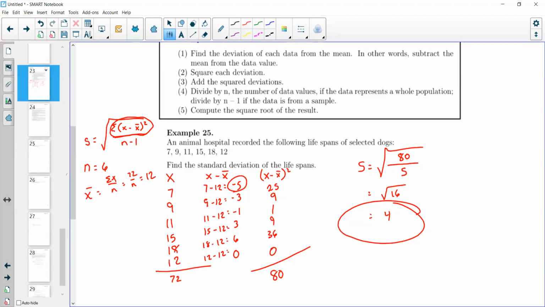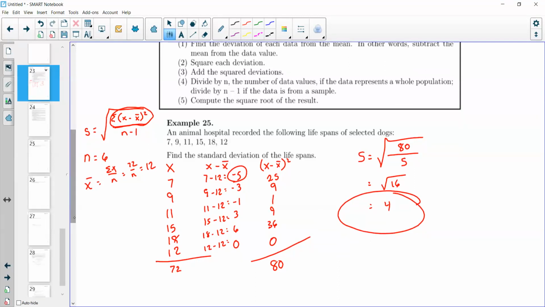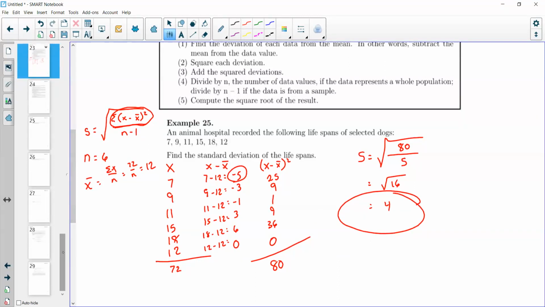You see a couple of people still writing. Sure, you added 0. It's the 6th data point. But since we're using a sample, we calculated it by n minus 1 instead of n. If it were a population, we'd use n. And for the most part, I calculate it both ways in case you forget.